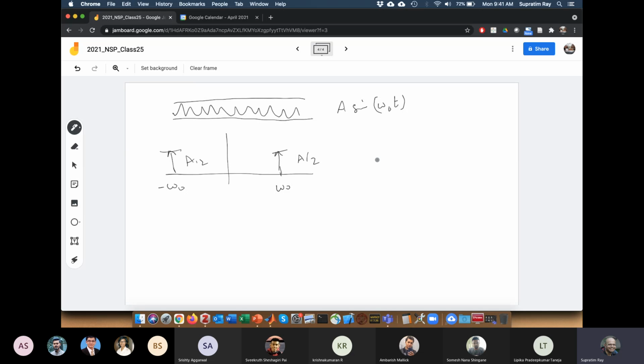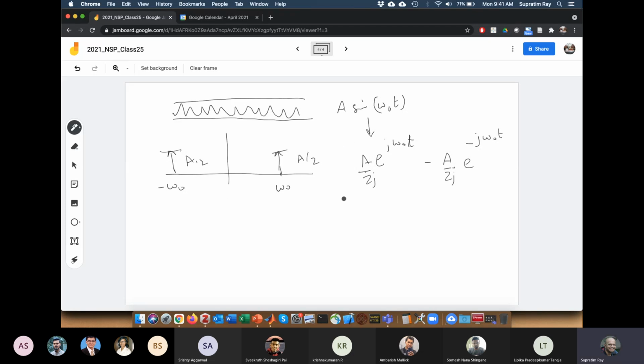So this is A by 2 e to the power j omega naught t minus A by 2 e to the power minus j omega naught t. This is cos omega naught t plus j sine omega naught t. This will also have that cos which will get cancelled, and I have to have a j here like this. So this is the Fourier transform. This is why you have got one amplitude here and one amplitude there of a sinusoid function.